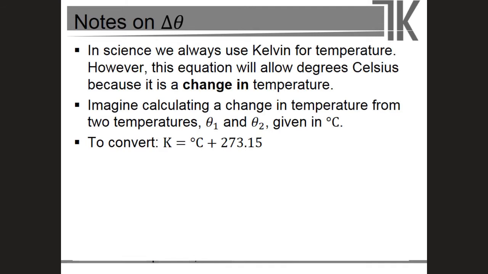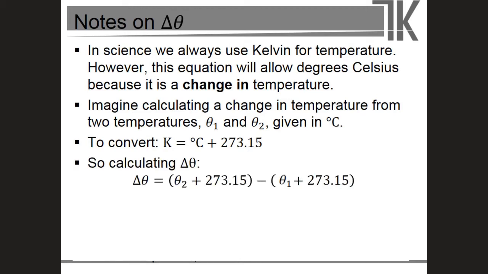In order to convert between Kelvin and degrees Celsius, you need to add 273.15 to theta 1 and 273.15 to theta 2 to get them into Kelvin. Doing that with our calculation of delta theta gives us delta theta equals theta 2 plus 273.15, all minus theta 1 plus 273.15. Expanding that out, we get theta 2 plus 273.15 minus theta 1 minus 273.15.